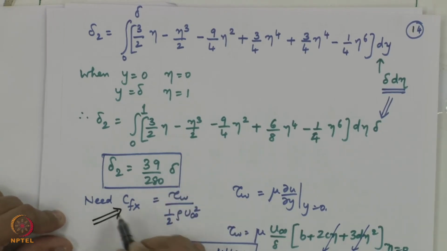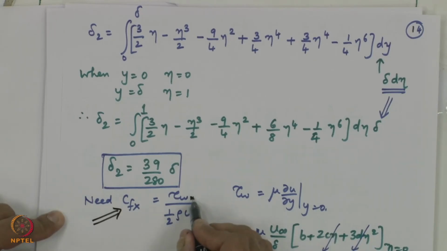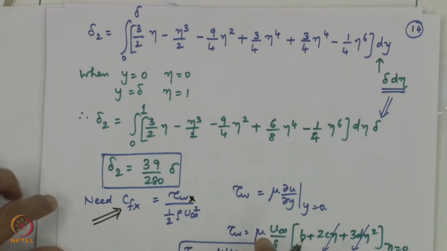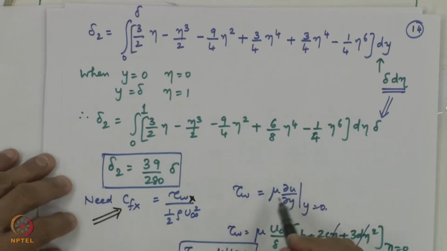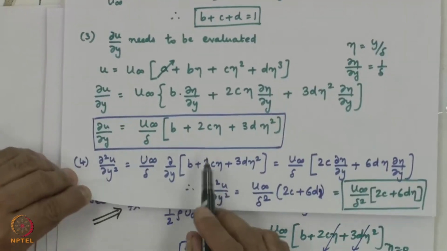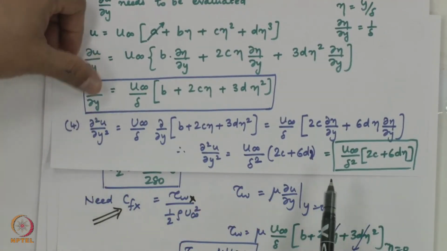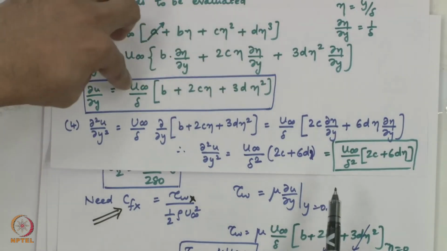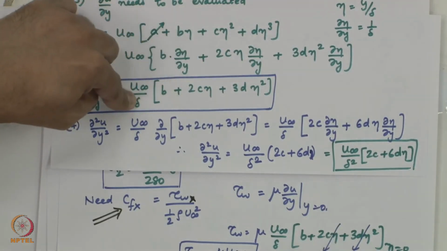Cfx by 2, the coefficient of friction, was tau wall local, tau w of x, divided by 1/2 rho u infinity squared, and this did not need any additional work. We had obtained an expression for du by dy from the boundary conditions. Evaluating that at y equal to 0, meaning eta equal to 0, I am left with u infinity b by delta.